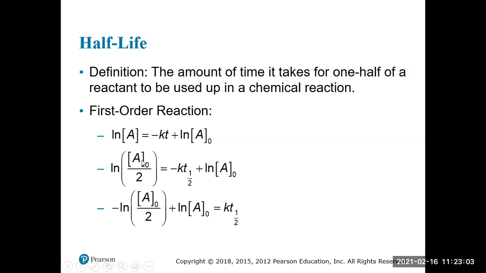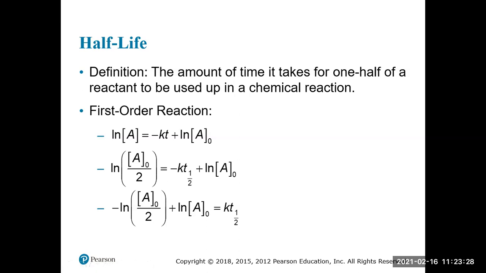So we substitute the initial concentration divided by 2 for the A term above. Then the other term we can change is the time term. The time that we want is the time for the concentration to be half, so we're going to call that T with a 1/2 subscript.